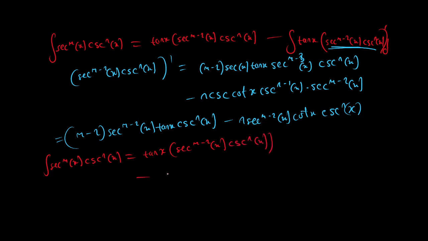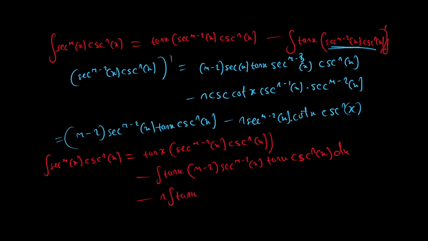So minus, now you have the integral of tan of x multiplied by the first part here. So tan of x multiplies everything here first. So we have m minus 2 times secant to the m minus 2 of x times tan of x, cosecant to the n of x dx. Also we are going to subtract n times the integral of tan of x.